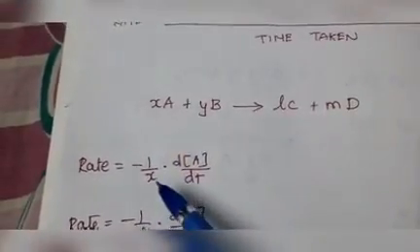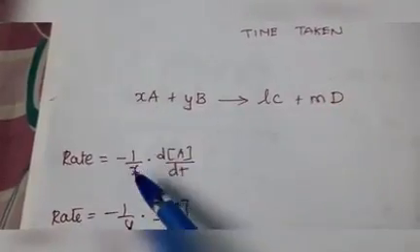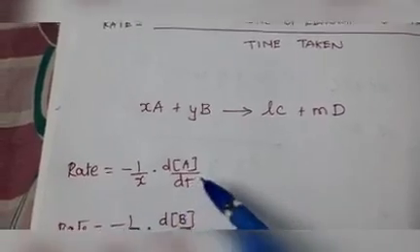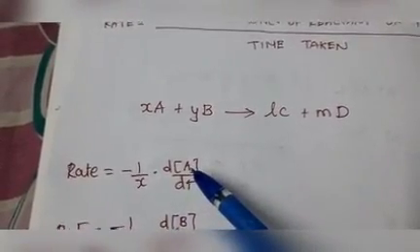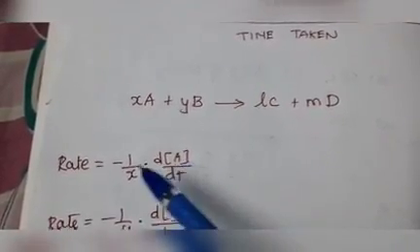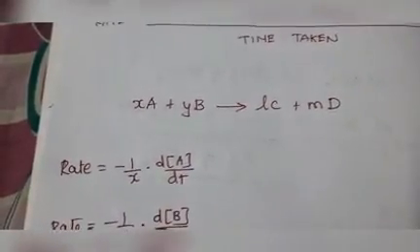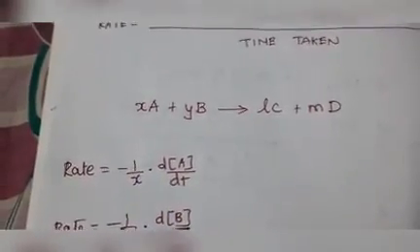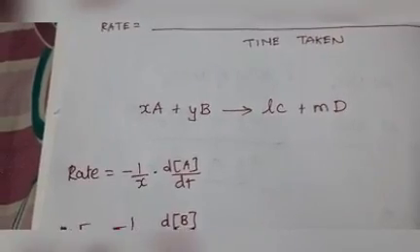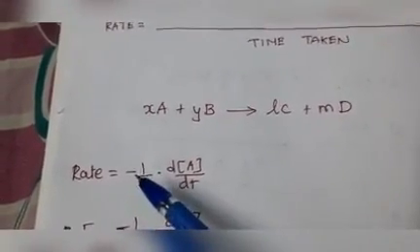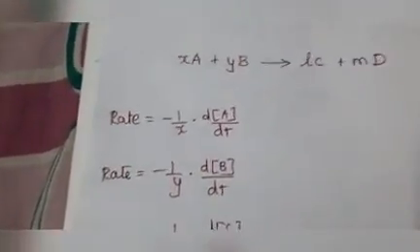The reciprocal of this number is given here: if x, you write 1 by x. In terms of the reactant, you put minus here, because the minus indicates decrease. While the reaction proceeds the concentration of A decreases, which is indicated by minus.